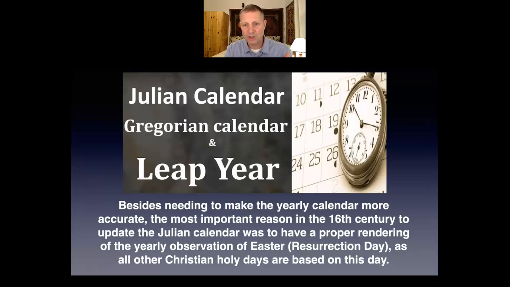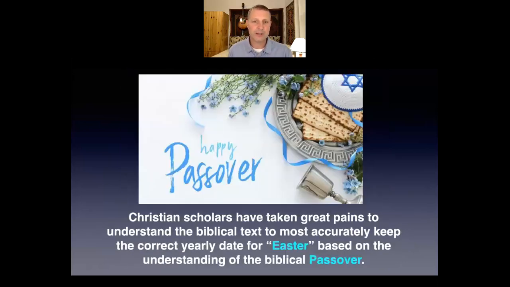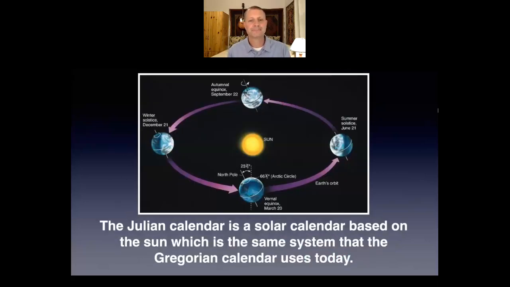Now, throughout this, I'm going to talk about Easter because that's how it is quoted, and that's how it is generally referred to in Christianity. However, it is more importantly the Resurrection Day. Now, Christian scholars have taken great pains to understand the biblical text to most accurately keep the correct yearly date for Easter based on the understanding of the biblical Passover.